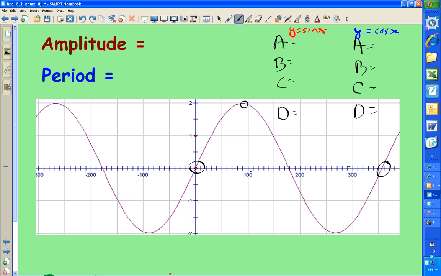You could find out the horizontal distance between every other quadrantal point and multiply by 2. Or you can find a max to a max, a minimum to a minimum, halfway from min to max to halfway from min to max. And you could say, well, the period here is 360 degrees.